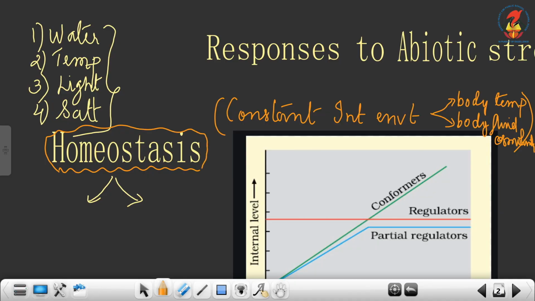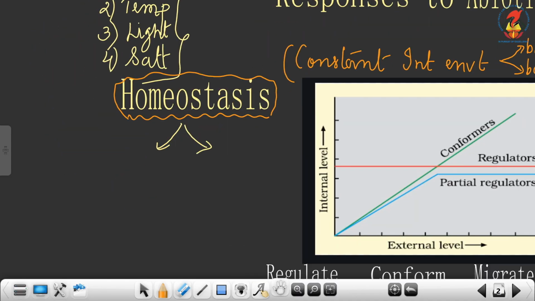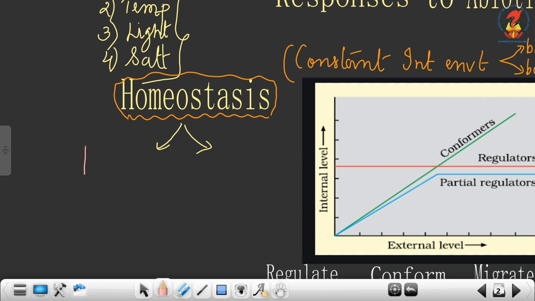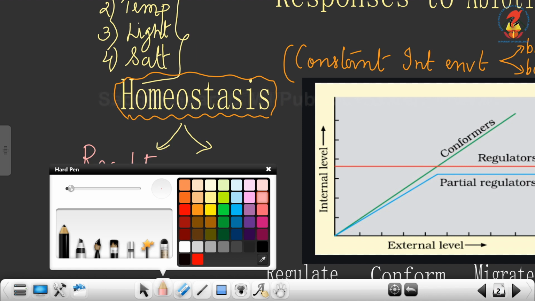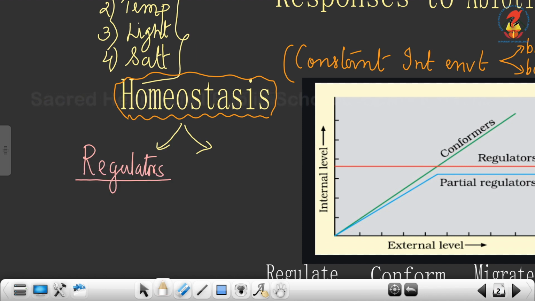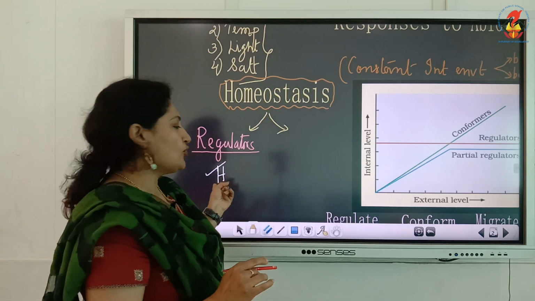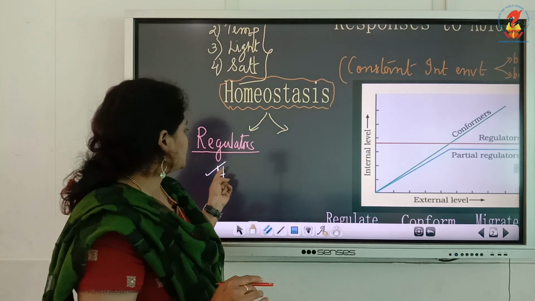And the category or class of organisms that possess homeostasis are called regulators. The regulators have the ability to maintain constant temperature. That ability to maintain a constant internal environment is called homeostasis. So I give a tick against homeostasis.